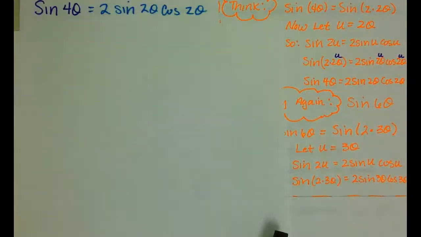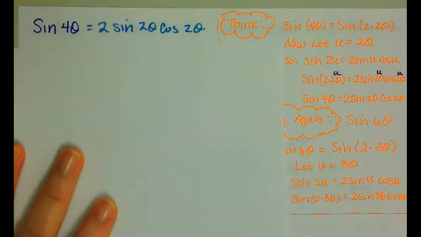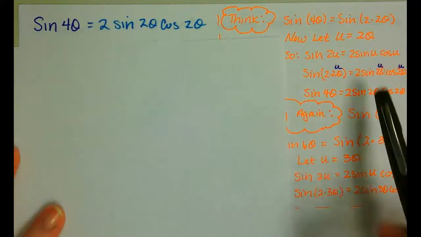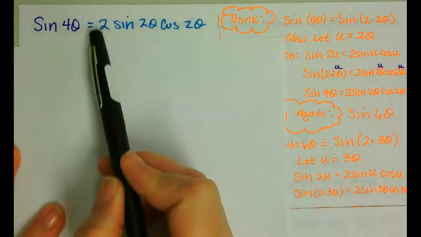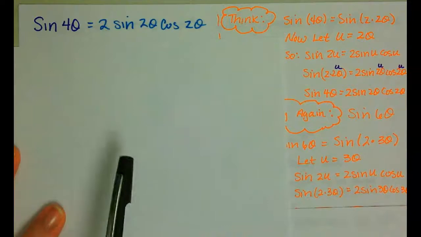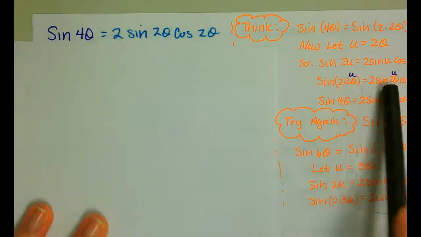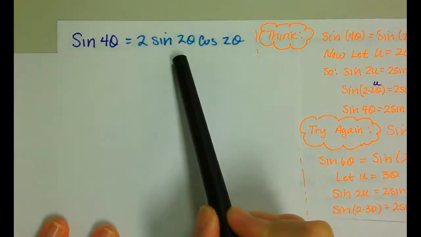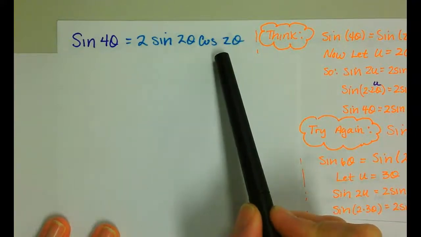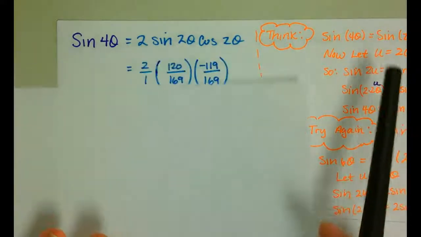Okay? So we are going to use that adjustment for sine of 4 theta. So remember, sine of 4 theta over here was 2 sine 2 theta cosine 2 theta. So that's the identity that I'm using, and that's what we came up with. I've already calculated sine of 2 theta and cosine of 2 theta, so I can already use those values.